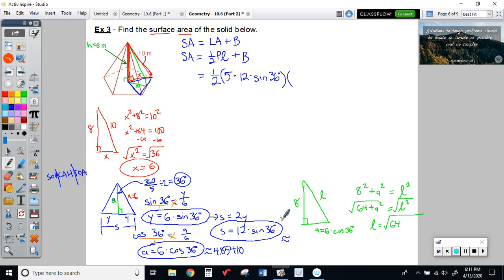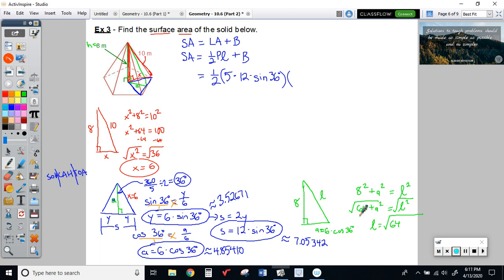I'm just typing that into a calculator quick here. I did not have that value written down already. Sorry about that. So 12 times sine of 36 is 7.05342. And then y being what it is, I could show you that approximately as well: 3.52671. So I've got all these things approximated.